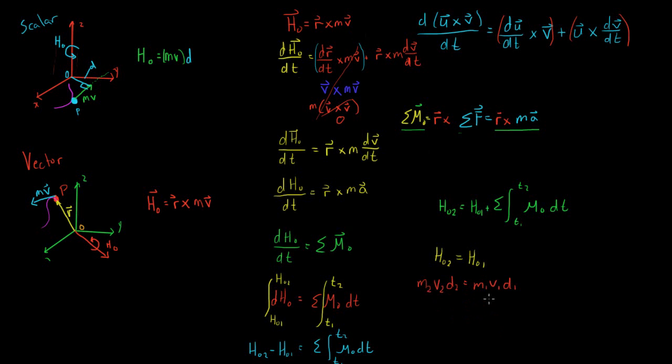So this is the initial mass times the initial velocity times the initial perpendicular distance is equal to a final mass times a final velocity times the final perpendicular distance. So this equation right here is valid if there are no angular impulses acting on the system. If there's a moment or some angular impulse that's acting on the system, it needs to be accounted for, and it's accounted for in this term in the equation right here.